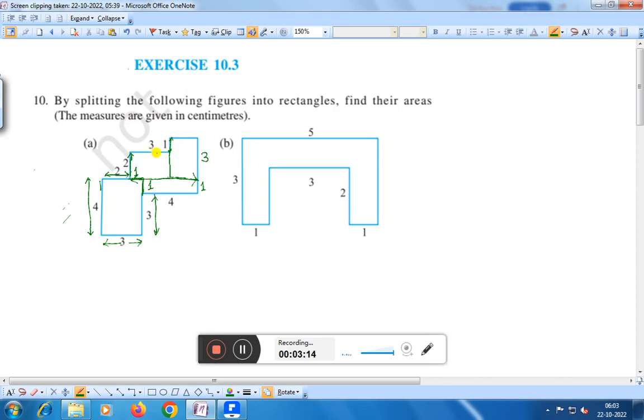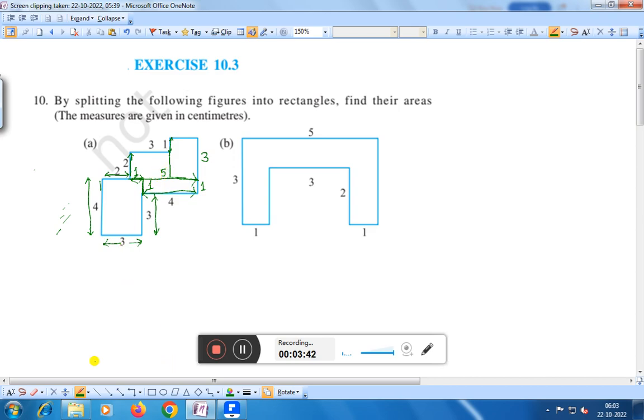That is, the total is 4 plus 1, 5. Here you see the length of this side is 4, and this side is 1. Right? It is 4 plus 1. From here to here the length of this side is 5. Right? This is 5.